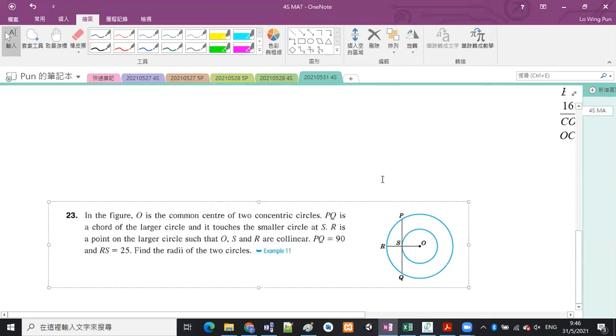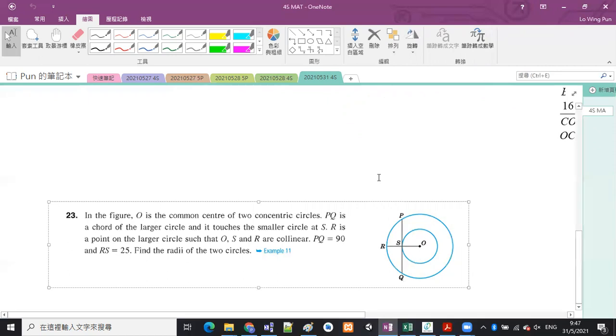PQ is the chord of the larger circle and it touches the smaller circle at S. Remember what I said? If a line touches a circle, that line is a tangent of the circle, understand? So PQ is the tangent of the smaller circle, and the point of contact is S. And then R is a point on the larger circle such that OSR are collinear. Collinear means it is a straight line. And then PQ is 90, RS is 25. Find the radii of the 2 circles. I want to find the 2 radius.